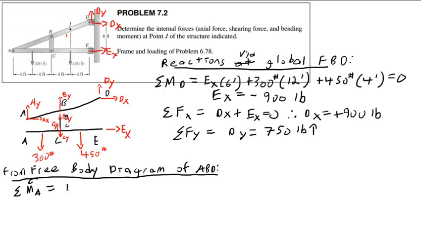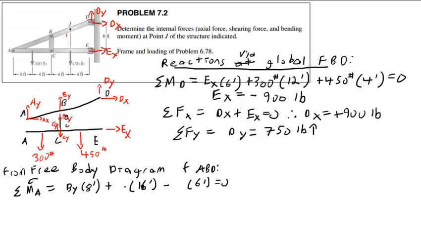BY times a distance of 8 feet plus dy times a distance of 16 feet minus dx times a distance of 6 feet equals 0. And from that, let me go ahead and replace these dy and dx with their actual numbers.